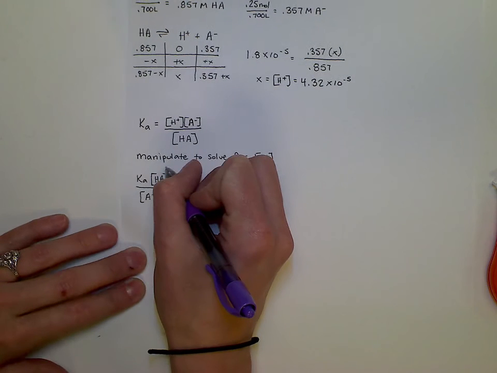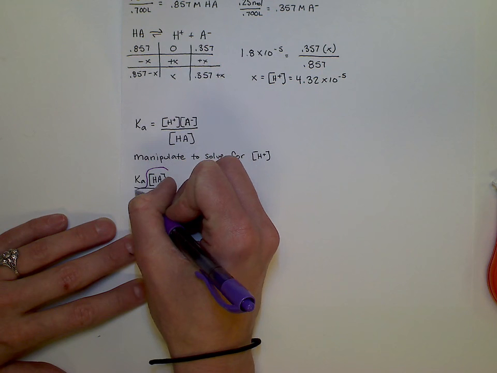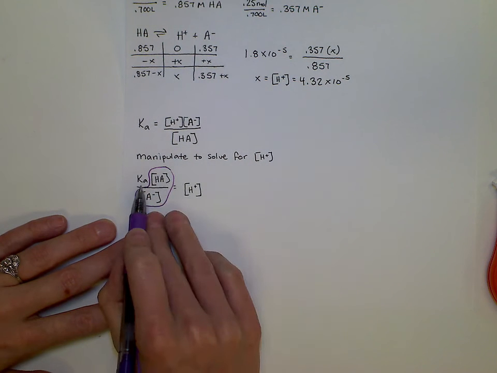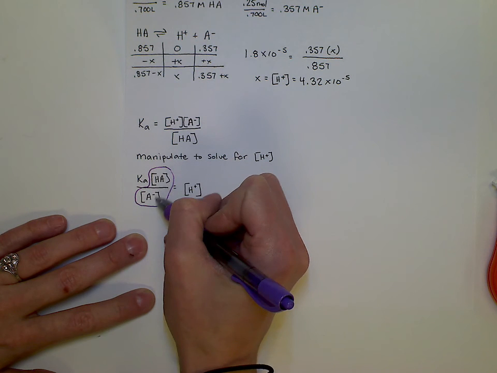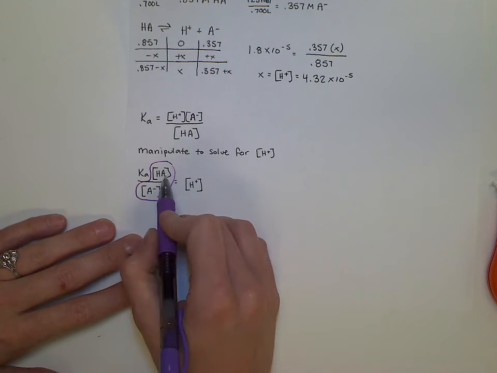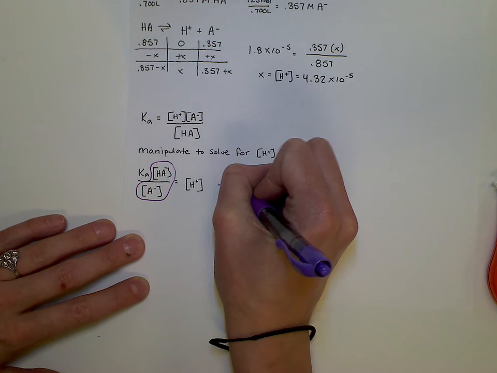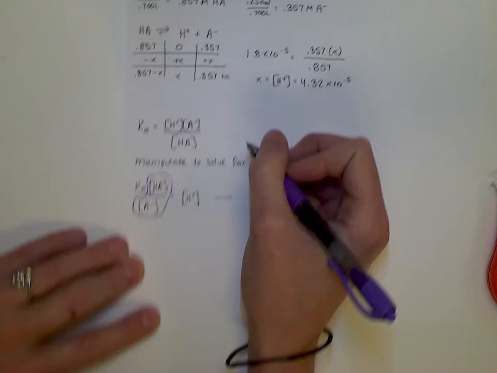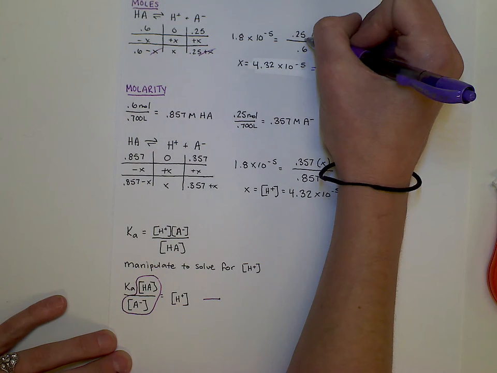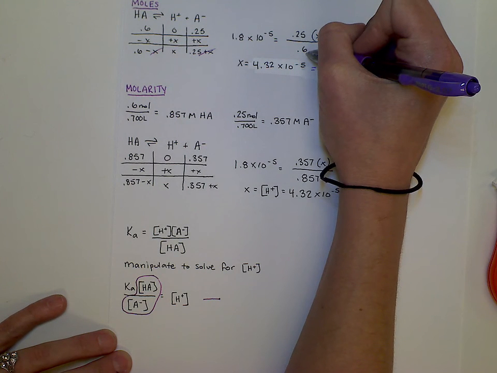Do you guys notice that it's the ratio between these two values that's important? So the Ka never changes, but it's the ratio between these two numbers that gets us the concentration of the H plus. So when we did this as the mole ratio up here, with the very first problem, our ratio was 0.25 and 0.6.